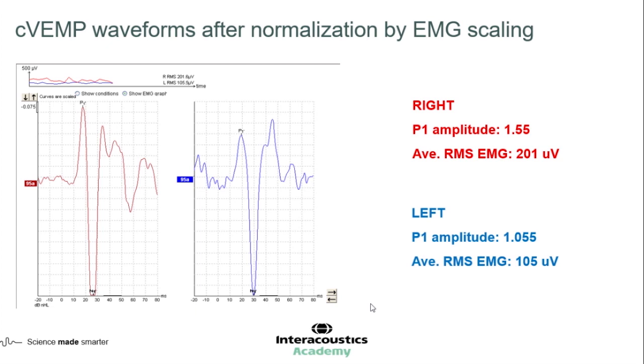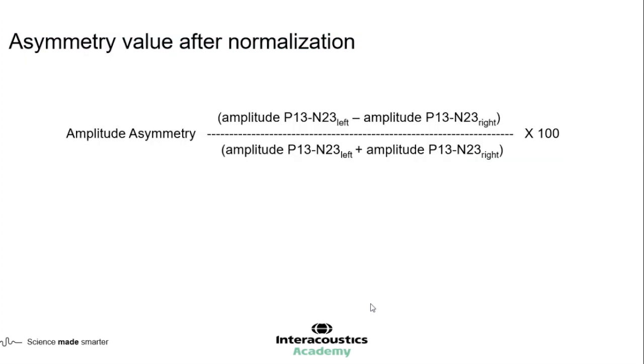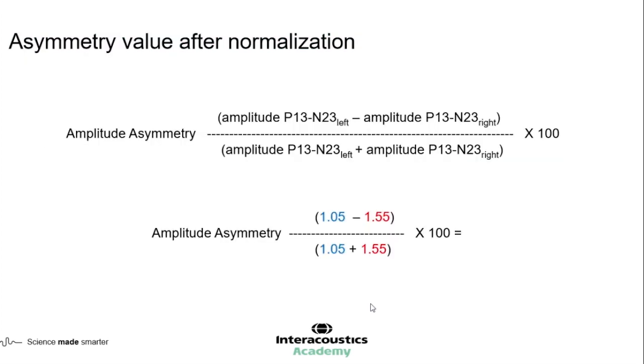However, once we apply some EMG scaling, taking into account the activity, we've scaled these responses, and these are starting to look a lot more symmetrical. You'll see the amplitude now being represented as a ratio, so the right is 1.55, the left is 1.055. So what we've effectively done is normalize it by dividing the EMG activity into the actual size of the response itself, something that would look something like this.